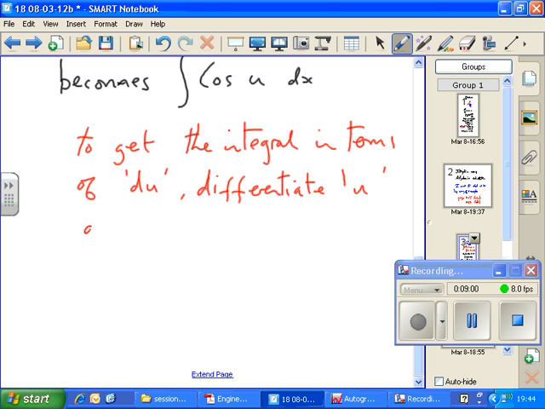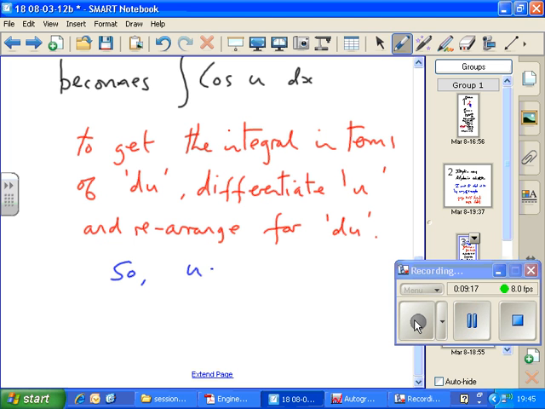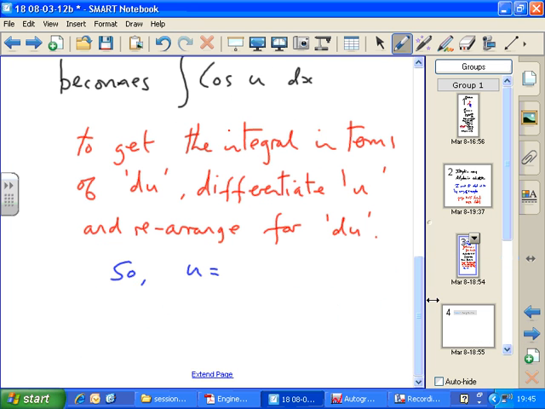And rearrange for du. So u equals 3x plus 7. And du by dx equals 3.